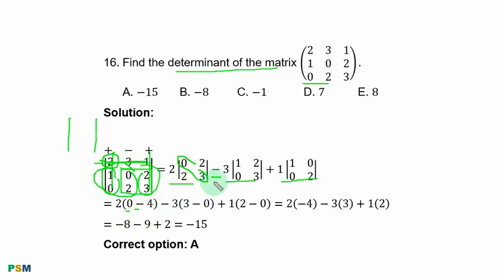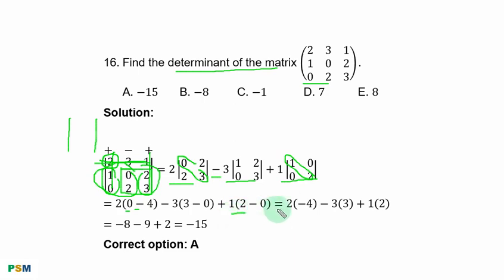Then minus 3, bracket open. 3 times 1 is 3. Minus 2 times 0 is 0. Plus 1, bracket open. 2 times 1 is 2. Minus 0 times 0, you have 0.